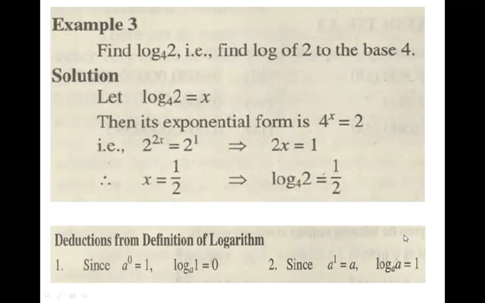These are the rules we have already learned, so we converted them into the logarithmic form here: log of 1 with any base will be equals to 0, and log of a number to the base of the same number will be equals to 1.